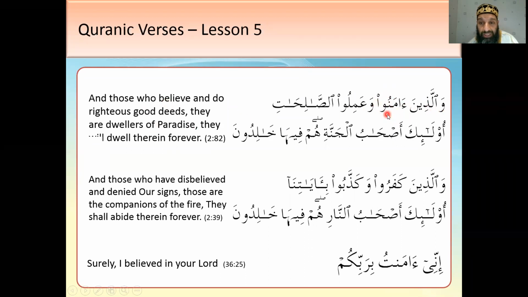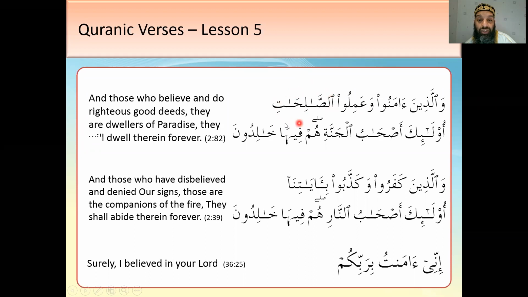And those who believe, وَعَمِلُوا, and they all do amal. Really it's past tense, but sometimes the past tense is used for present as well. Right? So, and those who believe, and they amilu, and they do. Present tense, past tense related, okay?